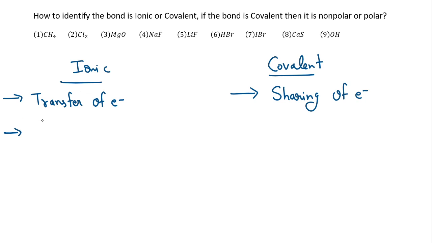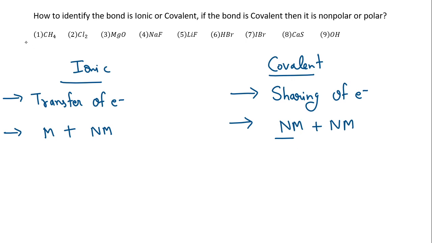And ionic bond exists usually between metal and non-metal, and covalent bond exists usually between two nonmetals. And in this case we have to look at the electronegative value for both atoms.